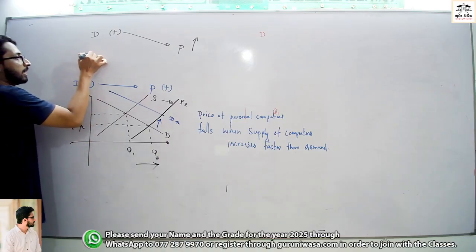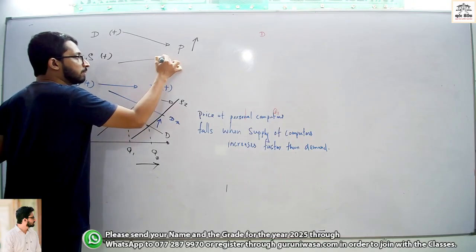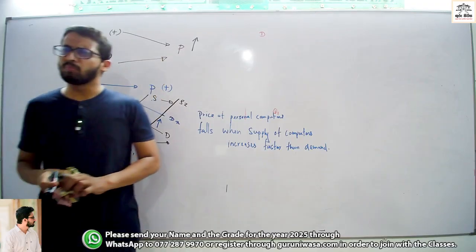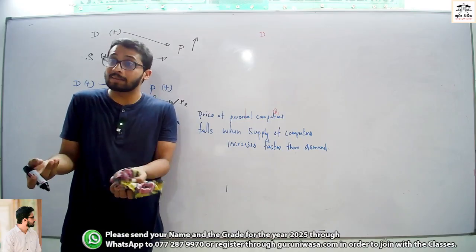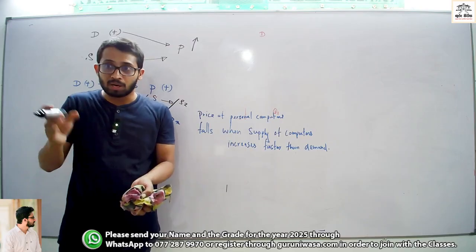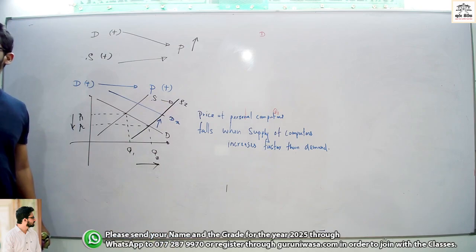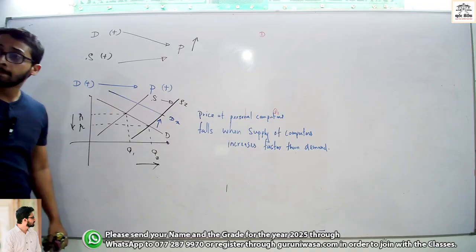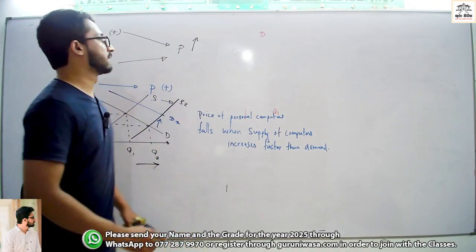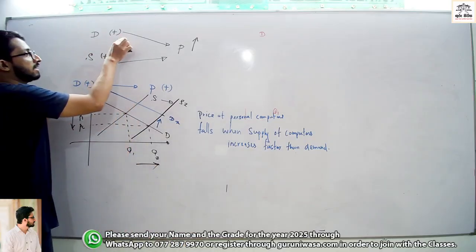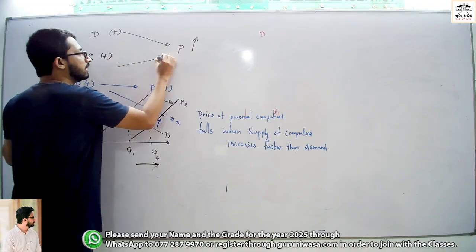Then supply also increases. Dipna, tell me, when the supply of a product increases, when more units come into the market, creating a type of excess supply, what happens to market price? Decreases. Very good. Then, Lamai, when demand increases, price increases.